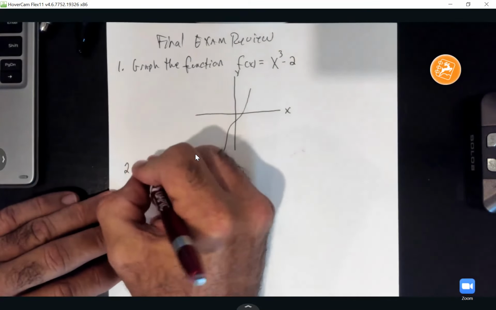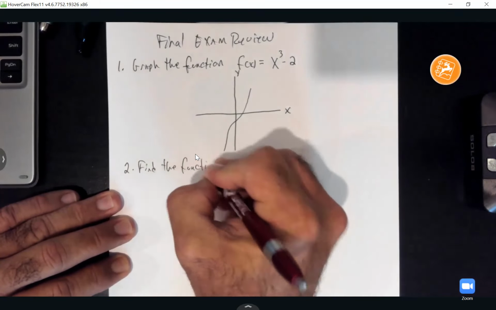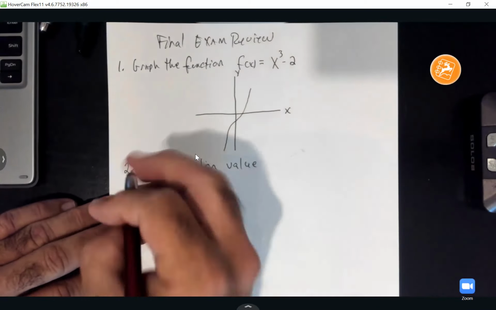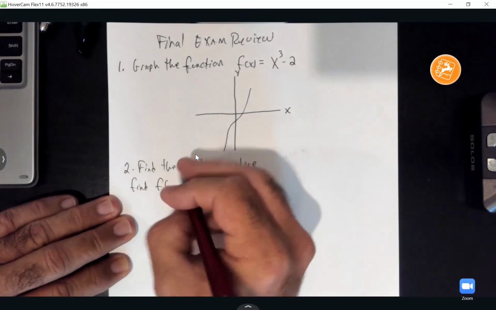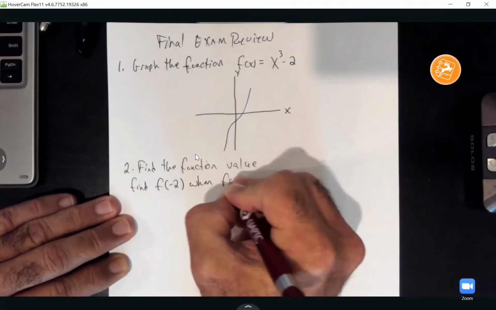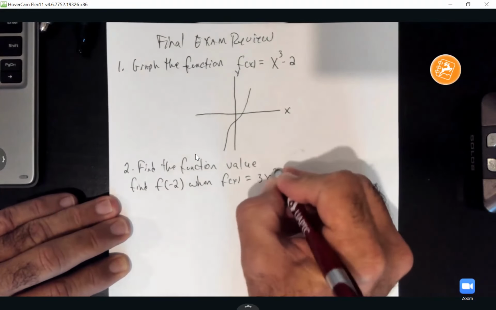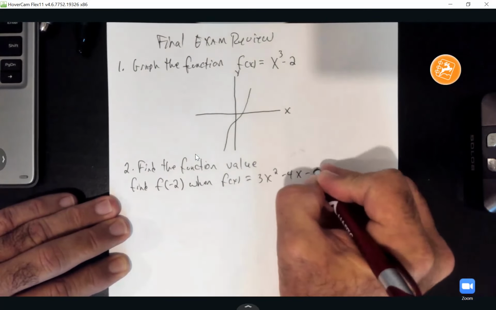All right, number 2 says find the function value. So they want me to find f of negative 2 when f of x equals 3x squared minus 4x minus 5.